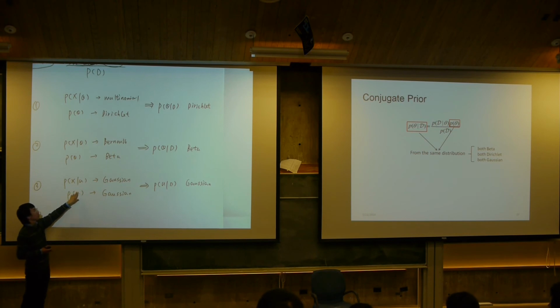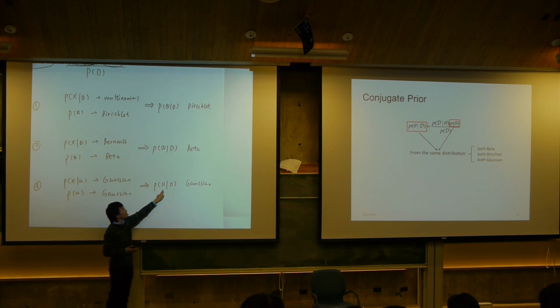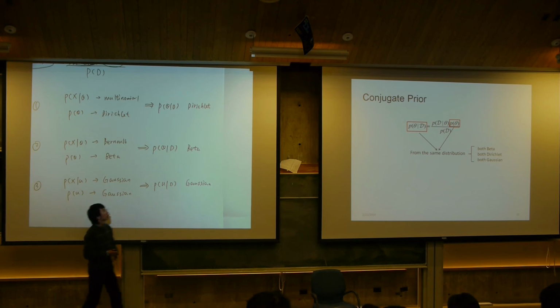Here we are talking about the expectation of the Gaussian. So if you use a Gaussian distribution to model the data, and the prior distribution over the mean is also a Gaussian, then the posterior p(mu | D) is also a Gaussian.